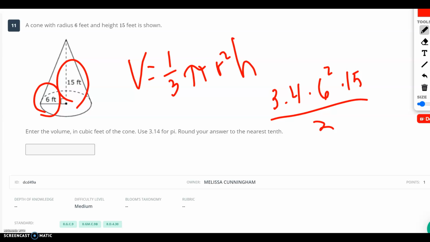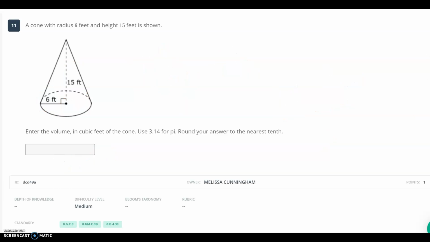And all that is divided by 3. Dividing it by 3 is the same as taking it times 1/3. And when we do that, we get an answer of 565.5. So we're literally putting the numbers into the equation.